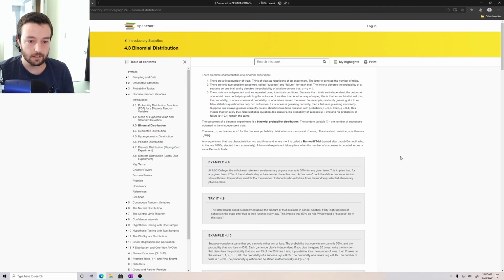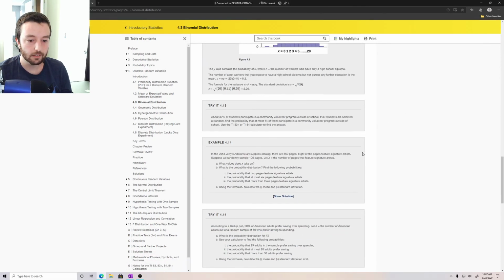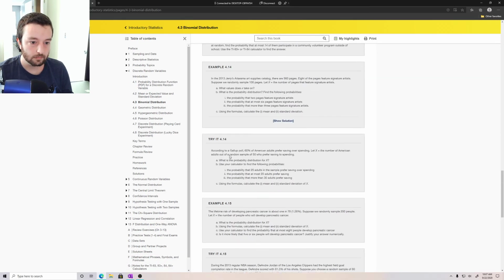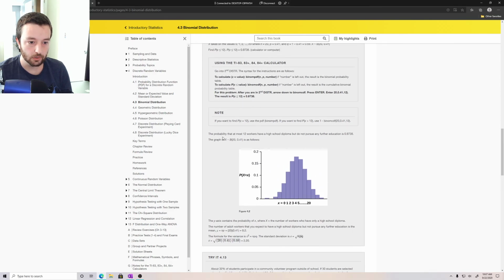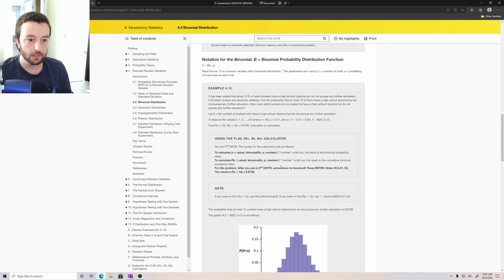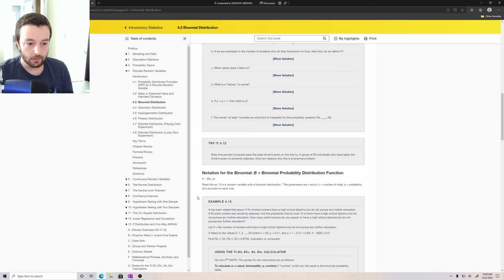I think that's because it uses a function that we haven't talked about called the choose function, and it uses factorials, so it's only showing you how to do them in a calculator. So maybe we won't worry about actually calculating them. You can see this is what it's doing right here, just showing you how to do it in a TI-83 or 84 calculator. We could probably do it using Excel or something, but I won't worry too much about that right now.